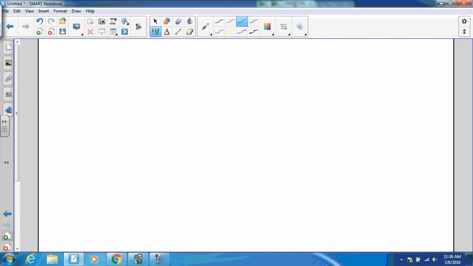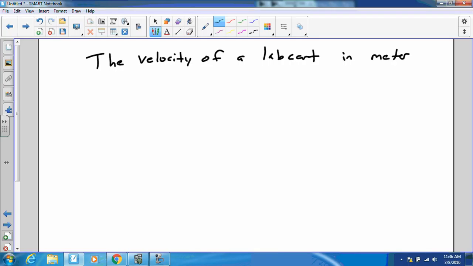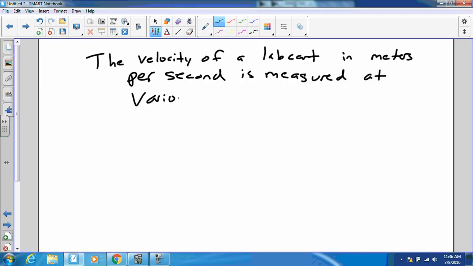Okay, let's do another trapezoidal estimation for a different function. This time what I want to do is to consider this problem. The velocity of a lab cart in meters per second is measured at various times.